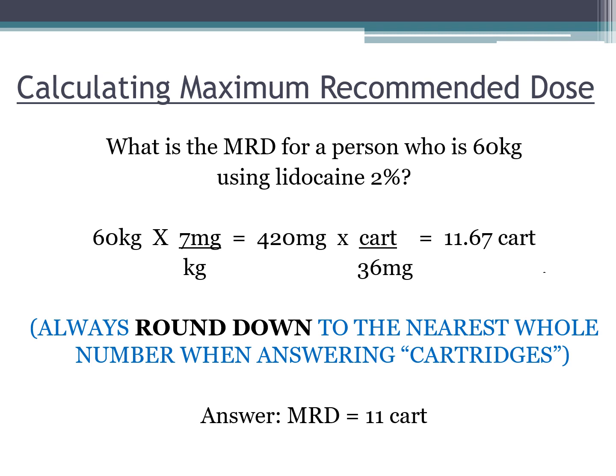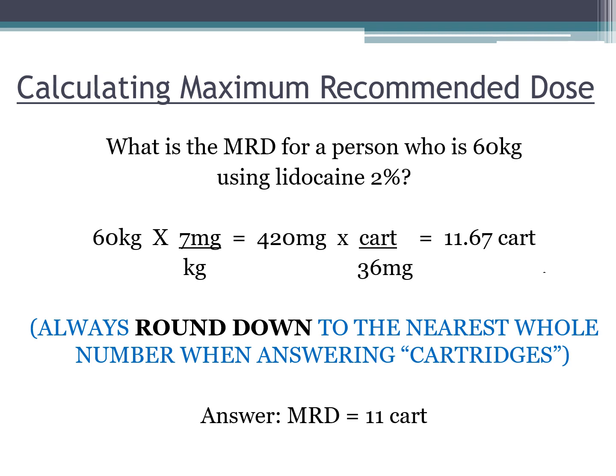Okay, you need to know how to calculate the maximum recommended dose. There will be questions on calculating maximum recommended dosages on your quiz, on your midterm, and your final. Now, what is the maximum recommended dose for a person who is 60 kilograms using 2% lidocaine?